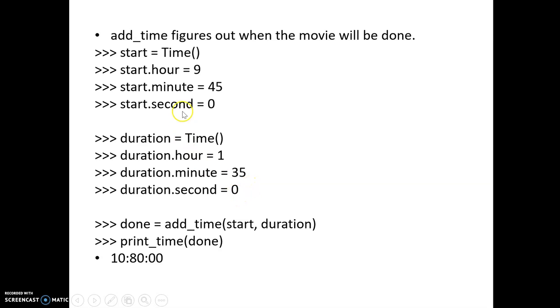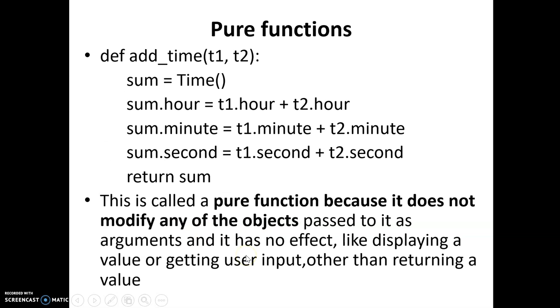If the movie starts at 9:45, and the duration is 1 hour 35 minutes, and you want to calculate at what time the movie is going to end, you can simply pass these two objects, start and duration, as parameters to the previous function we have defined.